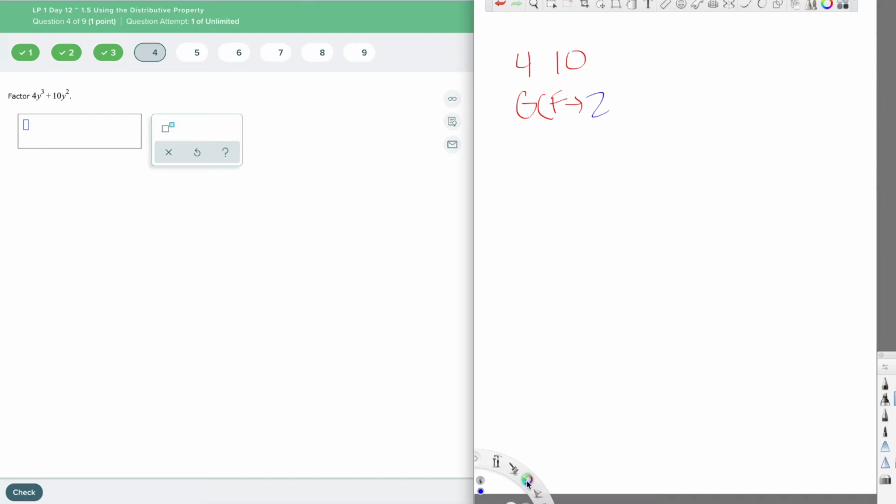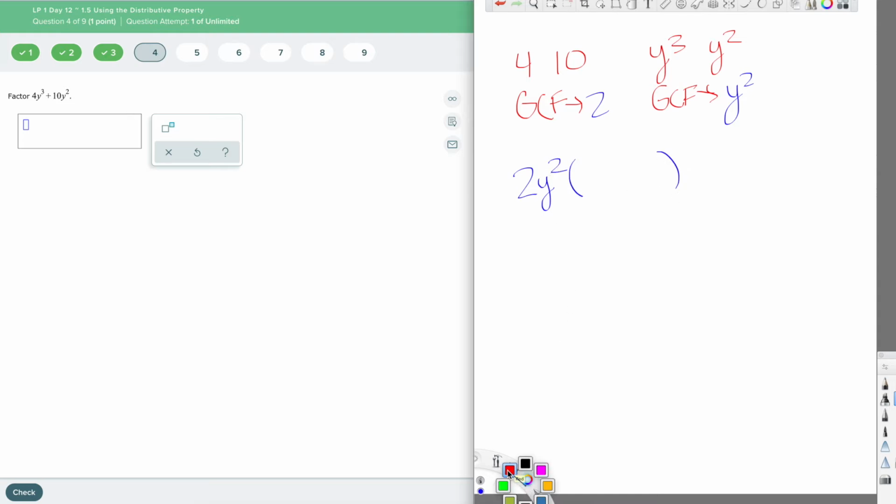Now I have the greatest common factor of y cubed and y squared. The GCF for these is going to be the smallest one, y squared, because I can take y squared from both. So my greatest common factor is 2y squared, and I'm going to divide that away from both pieces.